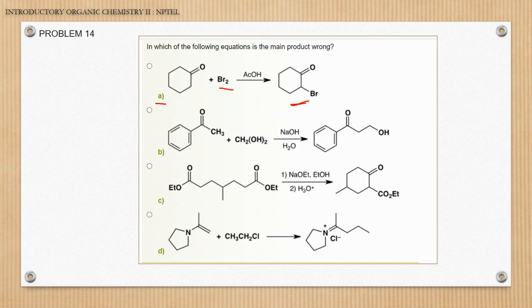Is this particular reaction correct or not? Can anyone tell me whether the outcome is right or not? See, acetic acid will protonate this, right? Whenever you have an acid, it will protonate your carbonyl oxygen.